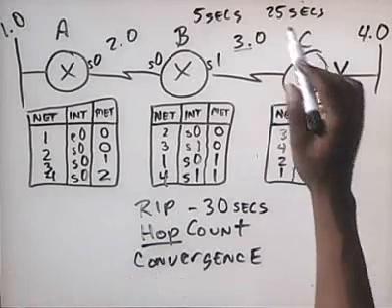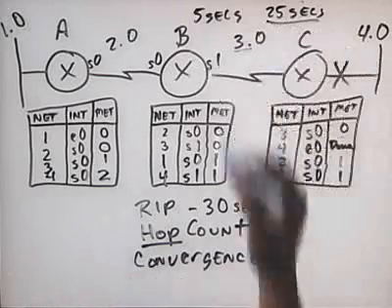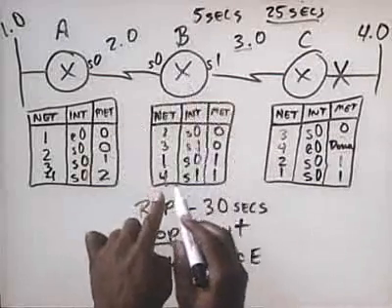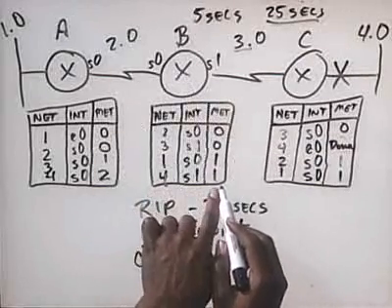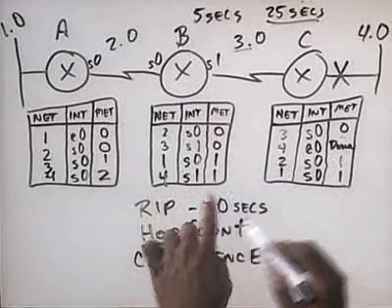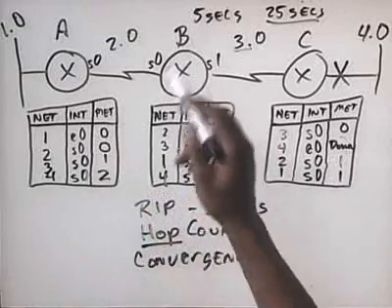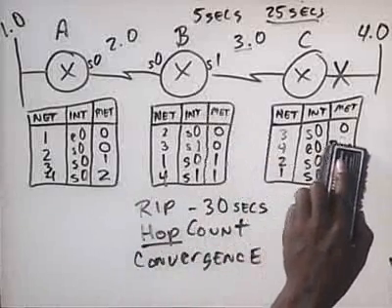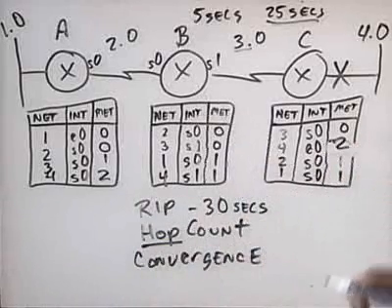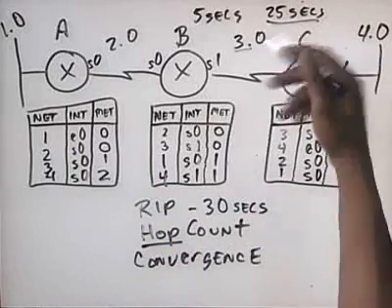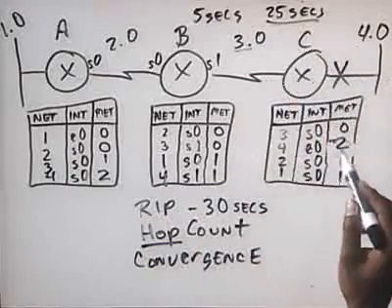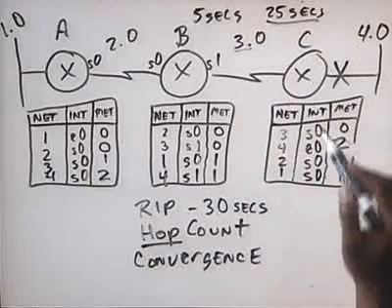But because Charlie's not going to speak up for the next 25 seconds, Charlie hears from Brenda that network 4 can be reached in 1 hop. So Charlie thinks, well, if you can reach network 4 in 1 hop and you're 1 hop away from me, I must be able to reach it in 2 hops. So finally, after the 25 seconds goes by, Charlie says, okay, network 4 can be reached in 2 hops.